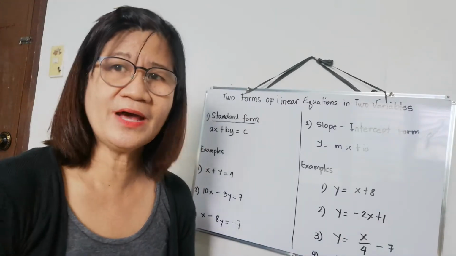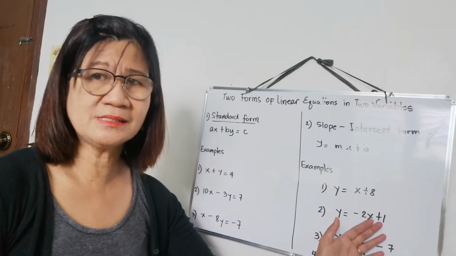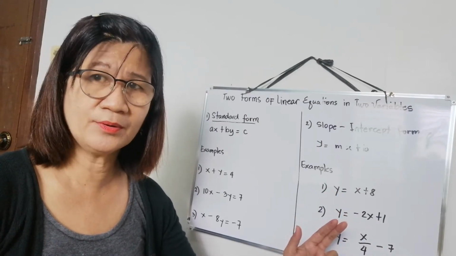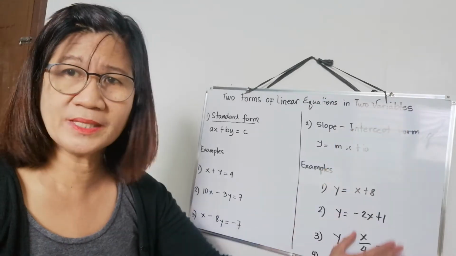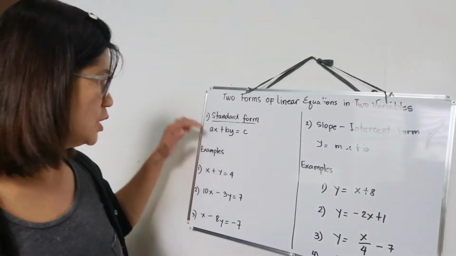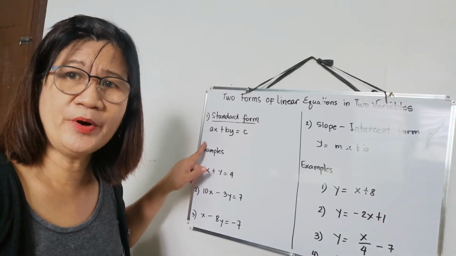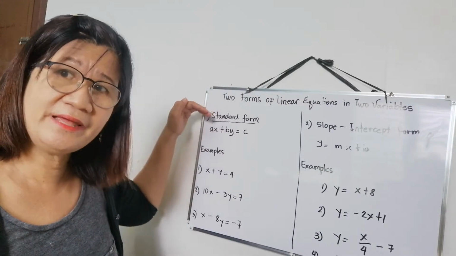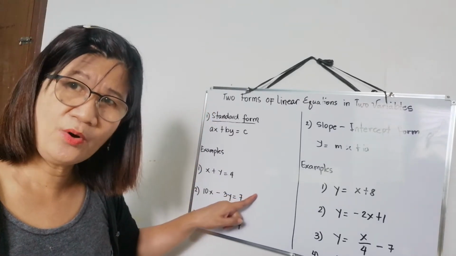Okay, but before that, gusto kong ipakita sa inyo yung mga examples ng tinatawag nating linear equations in two variables in standard form at saka in slope intercept form. So look at this. If the equation is in the form of ax plus by equals c, it is in standard form. Like for example, x plus y equals 4.